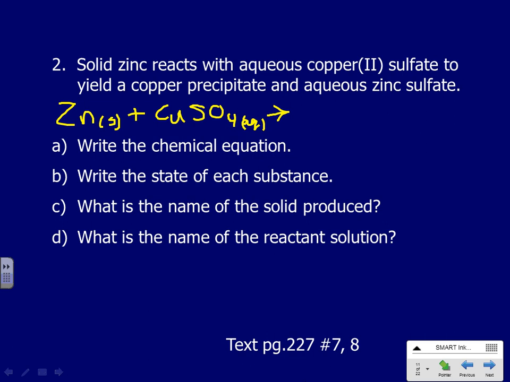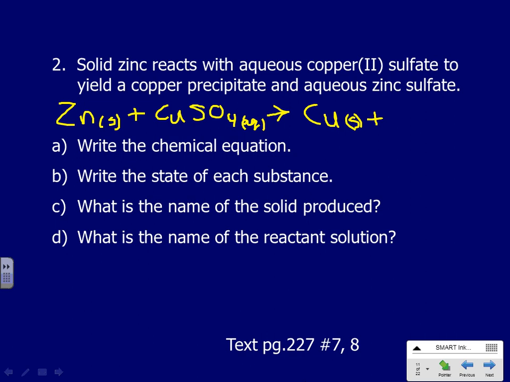What are my products? A copper precipitate. Yep. Cu solid. And zinc sulfate. Formula for zinc sulfate.